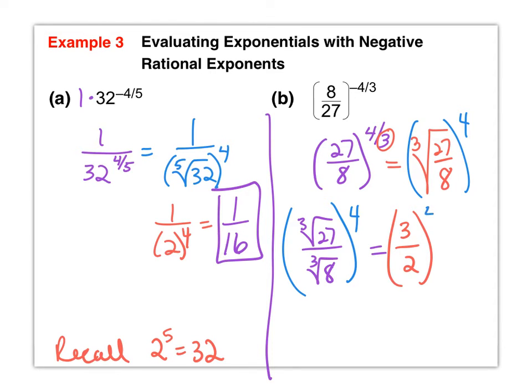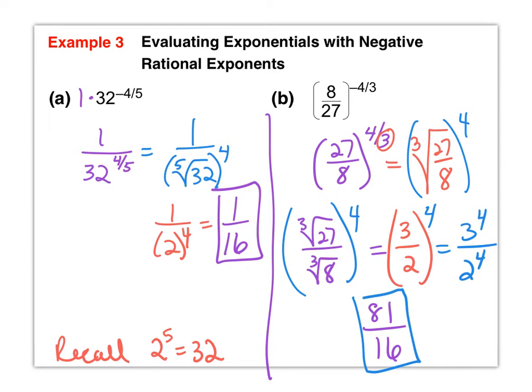Now we can raise this entire quantity to the 4th power. We can raise 3 to the 4th power divided by 2 to the 4th power. And 3 to the 4th power is 81, and 2 to the 4th power is 16. So we can write our final answer as the simplified rational expression 81 over 16.